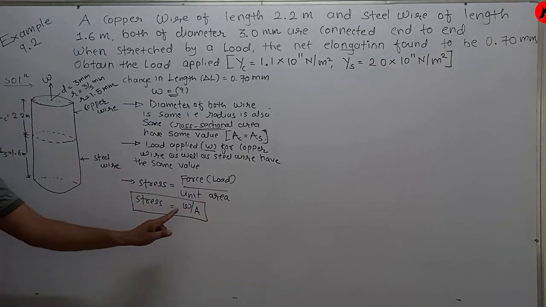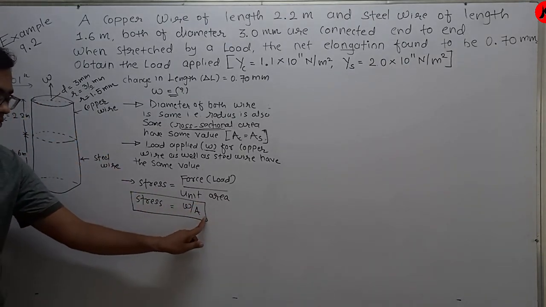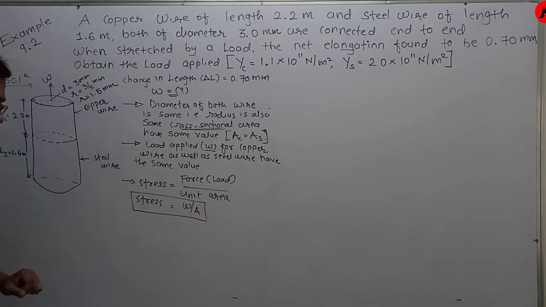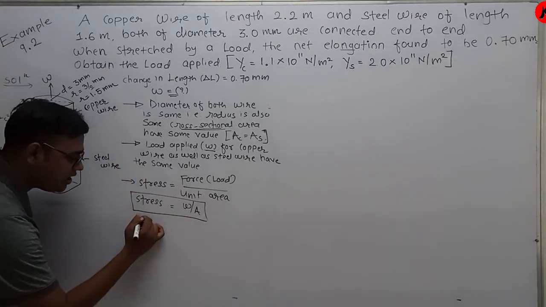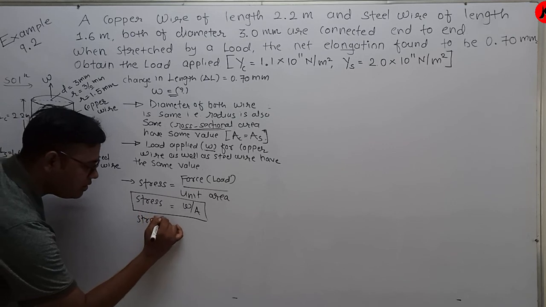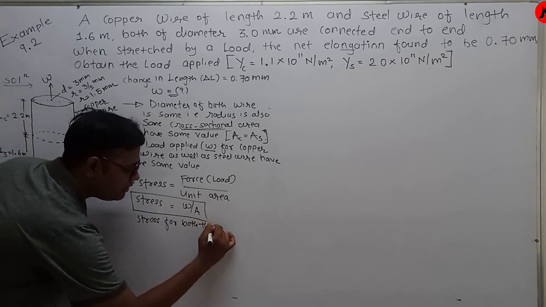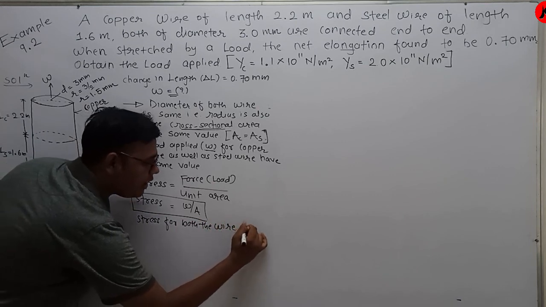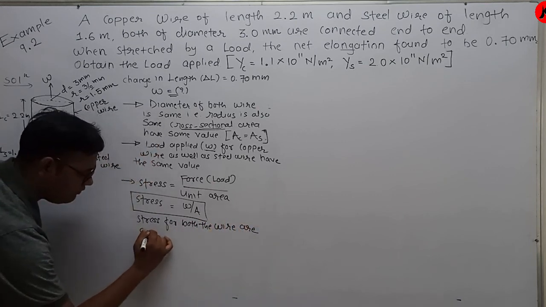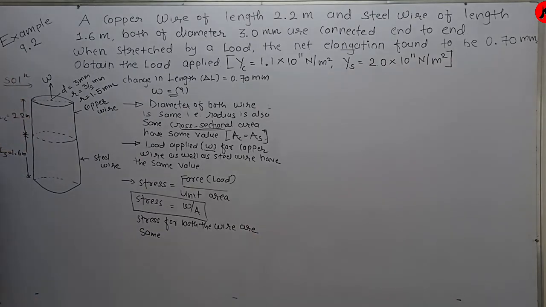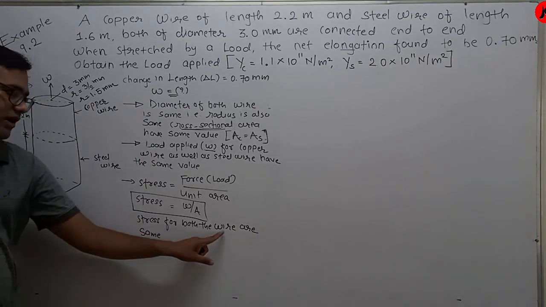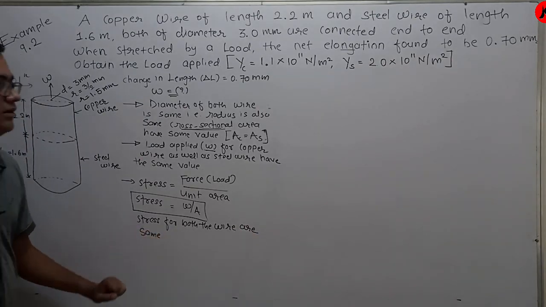Here the value of W and the value of A, the cross sectional area, for both the wires are the same. So it means the stress for both the wires is the same. So we have a very important conclusion: stress for both the wires is the same, right?